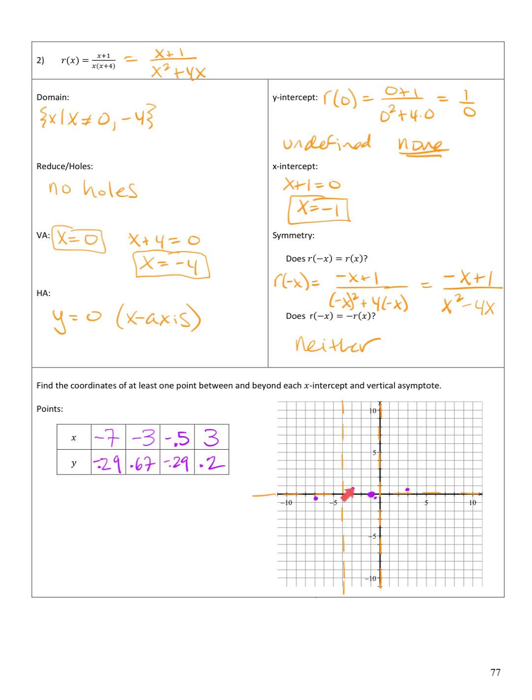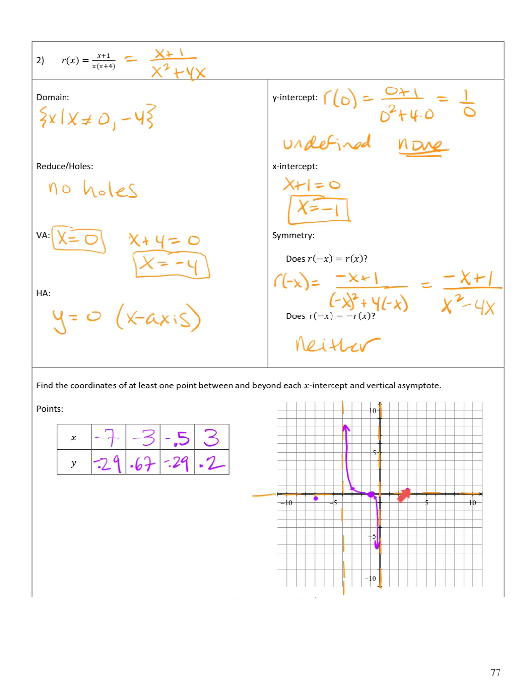And so I know it's going up, so I think it's going to continue to go up and approach that asymptote. Like that. And then moving to the right from this x-intercept, it has to go down to get to the next point. And then I also know that it has to approach this asymptote, so it's going to have to continue down and approach that asymptote. So it looks something like that.